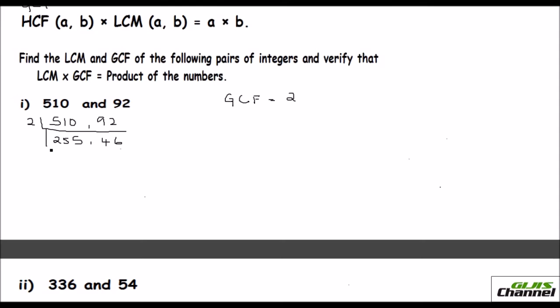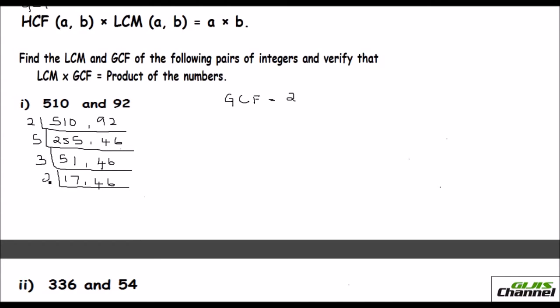You can divide one by one, no issues. First let me start dividing by 5. So this is going to be 51, and 46 doesn't go, so you can write it as it is. Again let me divide this by 3. 51 will go in 3, 17 times, and this 46 is written as it is, it is not divisible by 3.